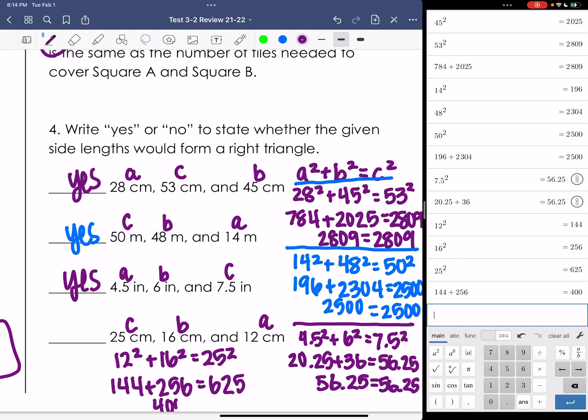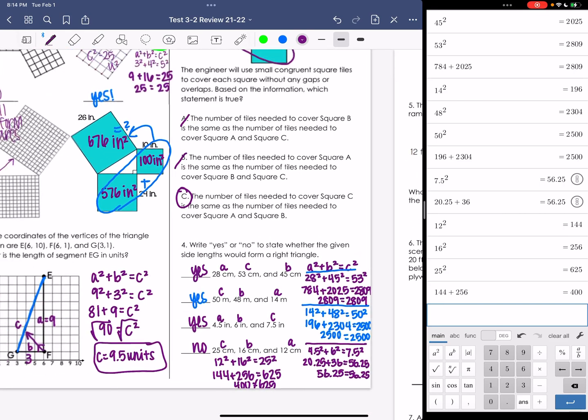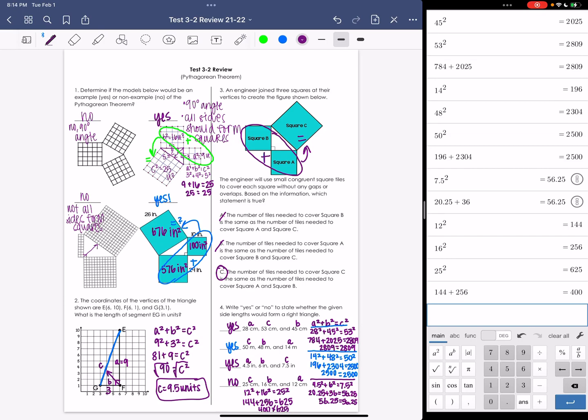So here we have 400 does not equal 625. So no, that last one would not be an example of the Pythagorean theorem. And that completes page 1.